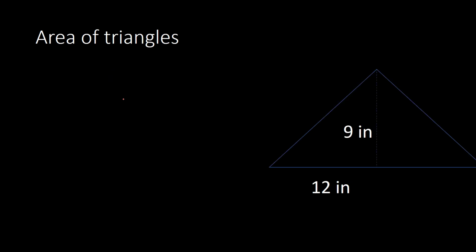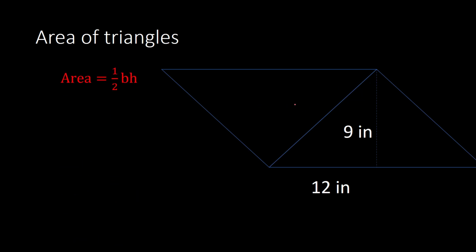Here's another triangle that is not a right triangle, but the formula is still the same. Because if I were to imagine drawing a second triangle identical to this and putting it up on the top like that, now we have 2 triangles that create a parallelogram. The area of a parallelogram we know is base times height. Well, the area of this triangle is 1/2 of that because we have 1/2 of that parallelogram.